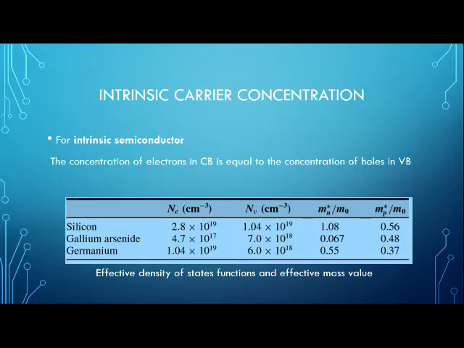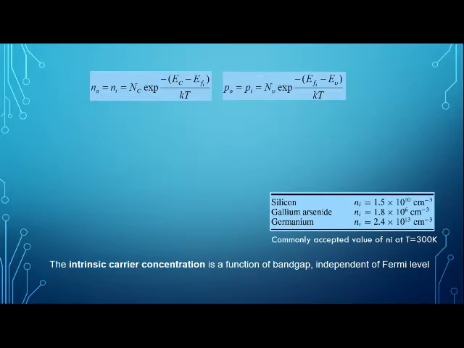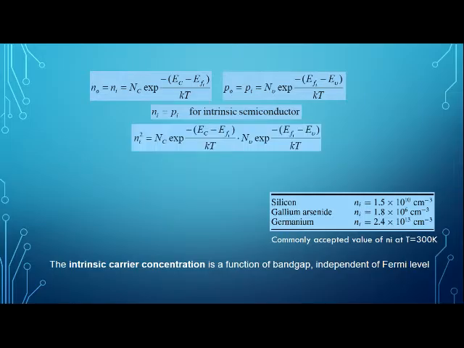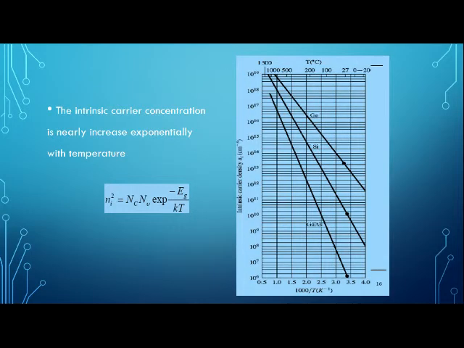For intrinsic semiconductors, the concentration of electrons in the conduction band is equal to the concentration of holes in the valence band, and n naught is equal to p naught, that is, ni equals pi. By solving this equation, we can calculate ni squared equals Nc Nv exponential of minus (Ec minus Ev), that is, exponential of minus Eg over kT.